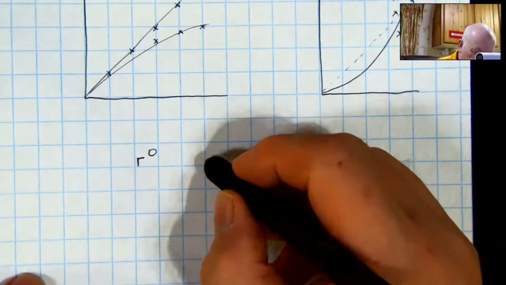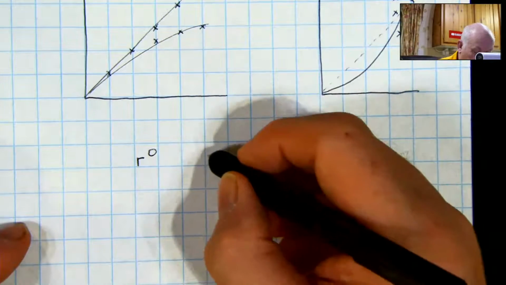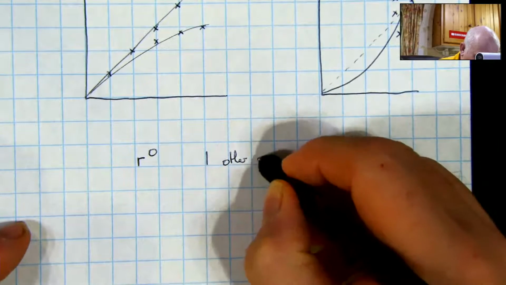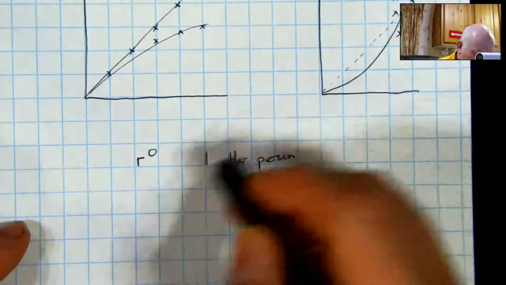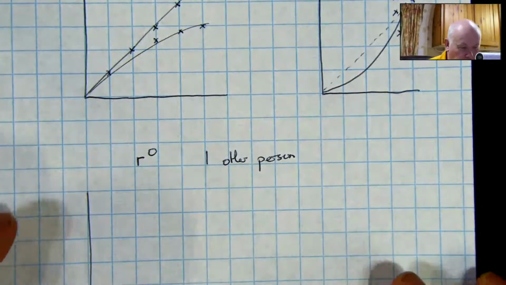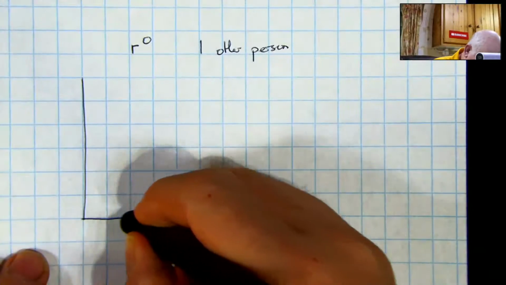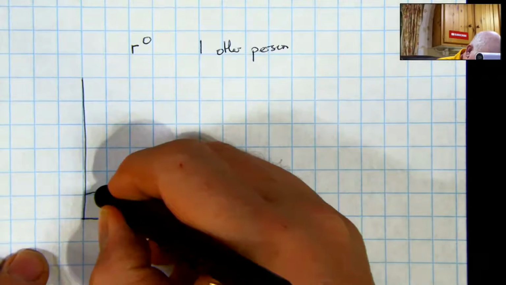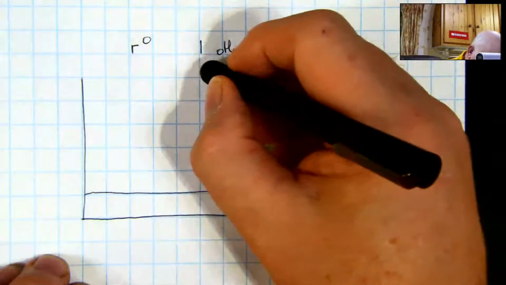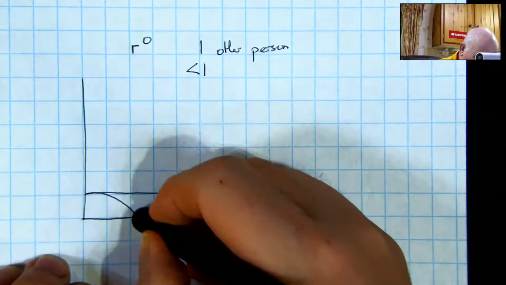If this person can infect someone that's going to sort of give us just one other person, then our graph is going to look like this. It's going to stay steady. If this is going to be less than 1, then it's just going to die out.